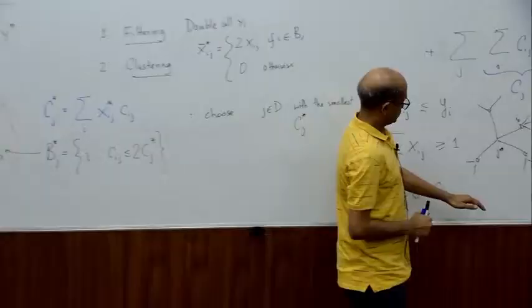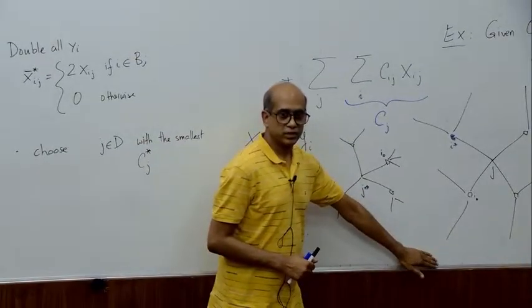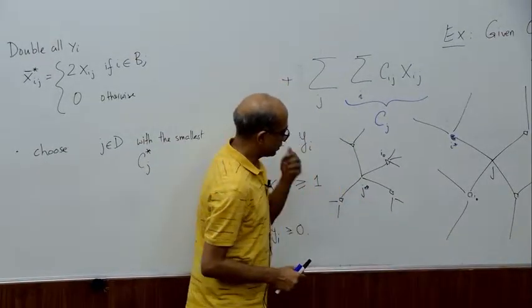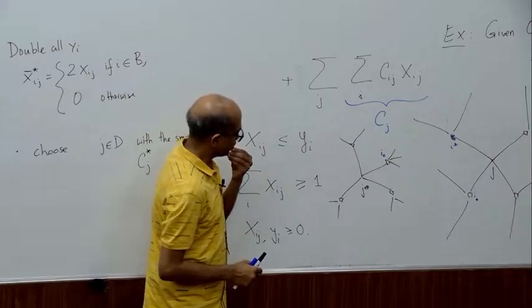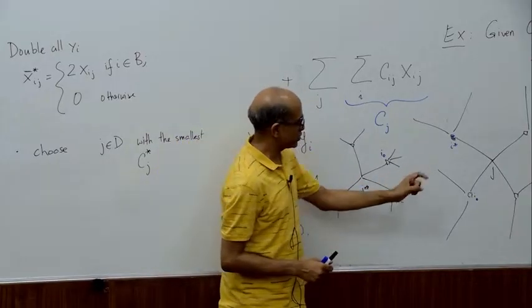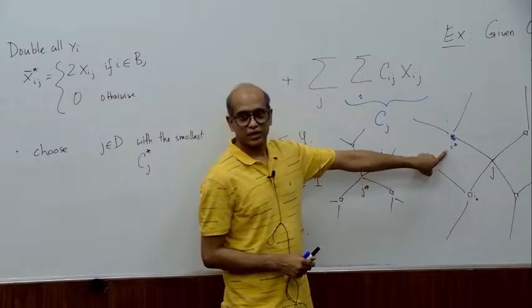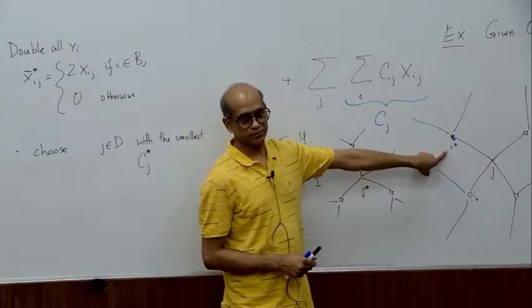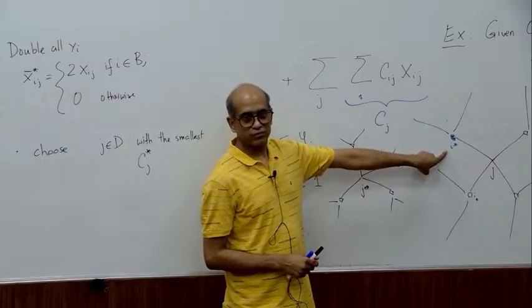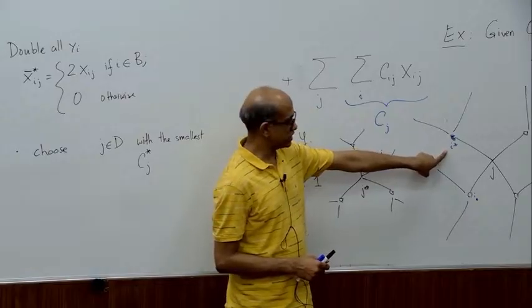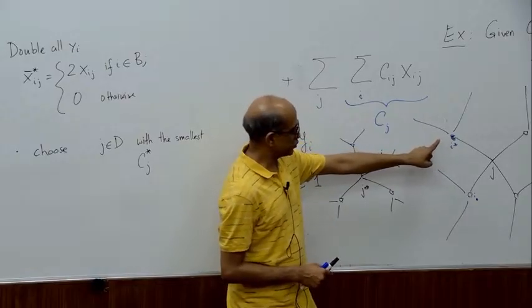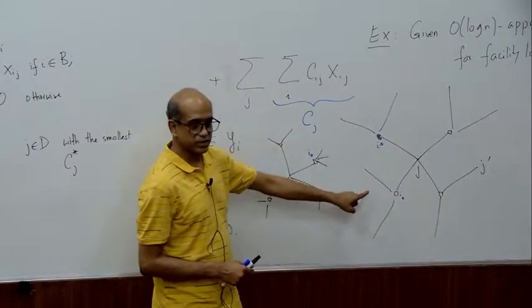So the rounding part is okay, right? Now I want to claim, why are we doing this? How will I pay for the cost of this facility? Well, the way I'm going to pay for this cost is that the linear program puts some YI values here.